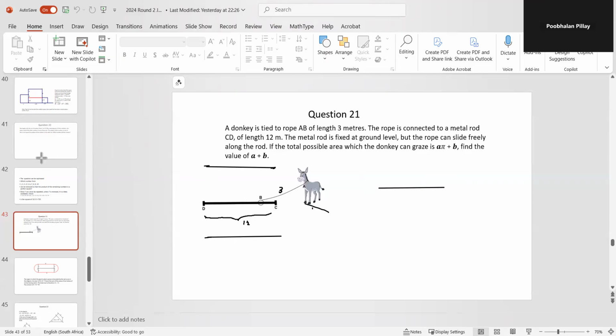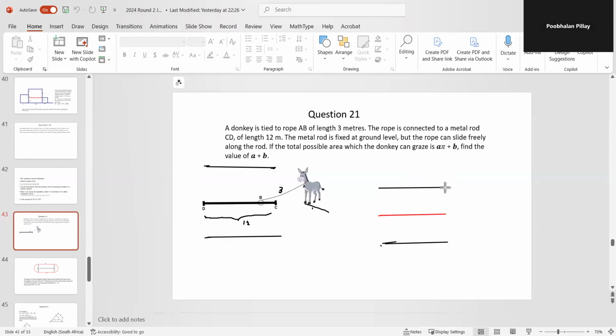And then let's give another color to the rod. And then you also have the bottom boundary. Now these are 3 meters away from the red line.